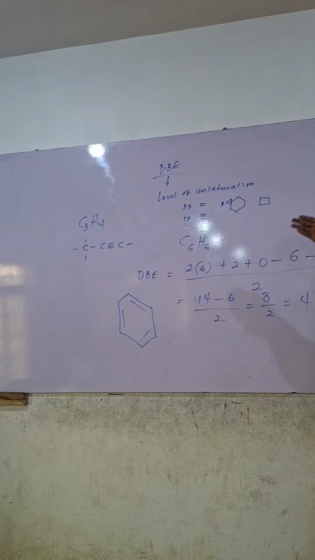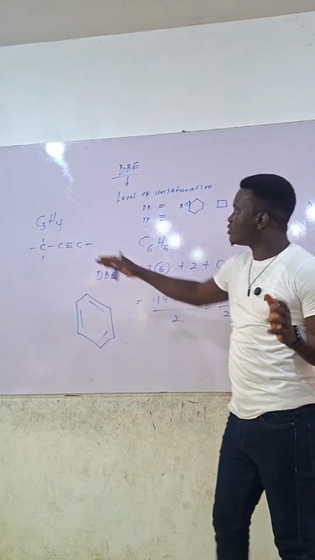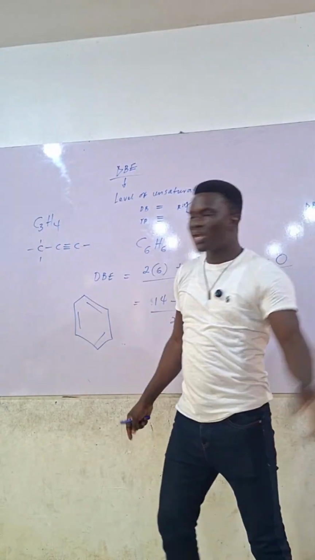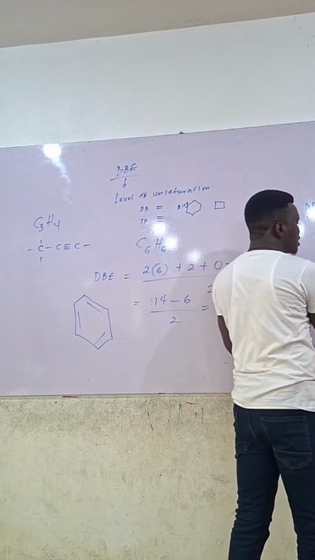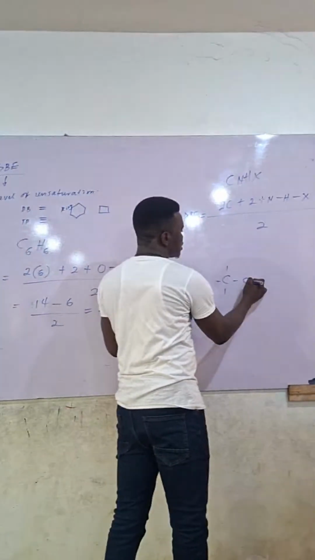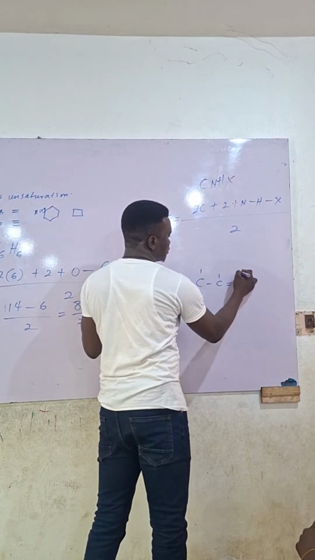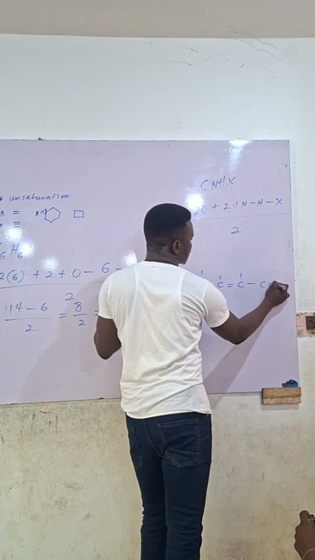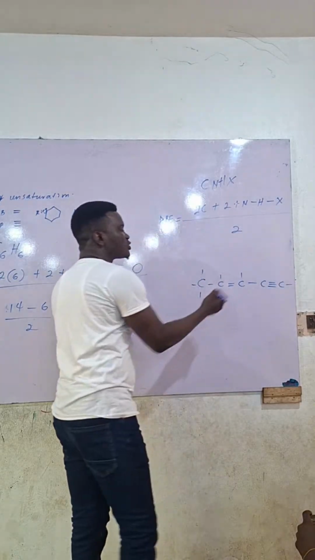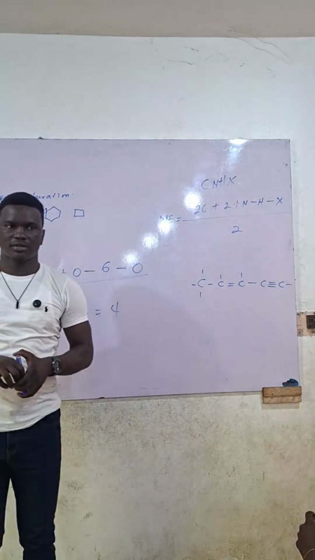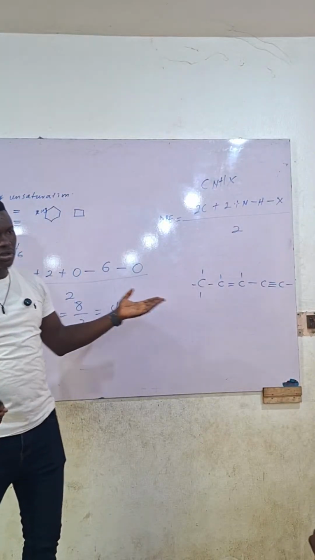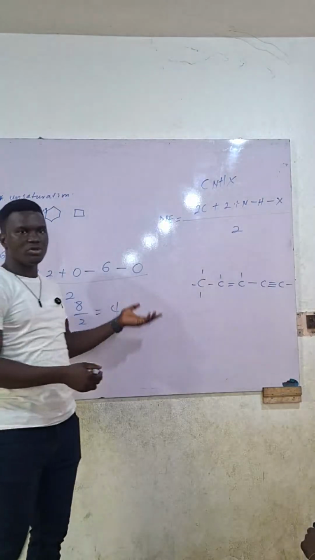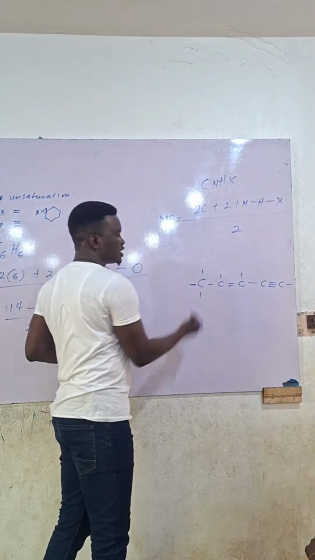But I'm only giving you this structure because I already know what it is. If they give you a structure like this, because you can never tell, and ask what is the double bond equivalence, although you can calculate it by counting the number of carbon and hydrogen and doing your math, you don't need to go through that stress.